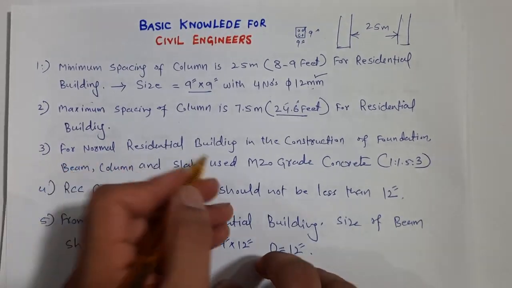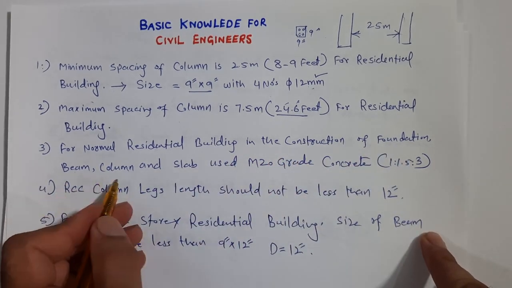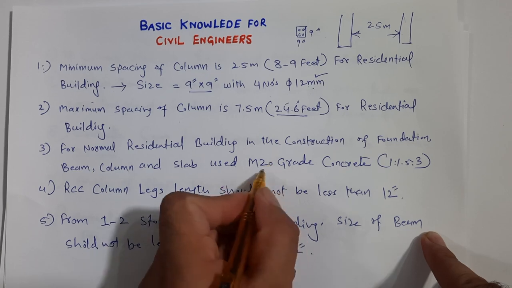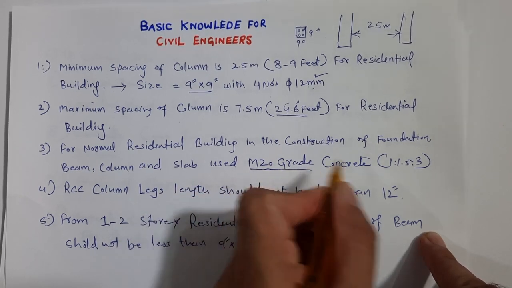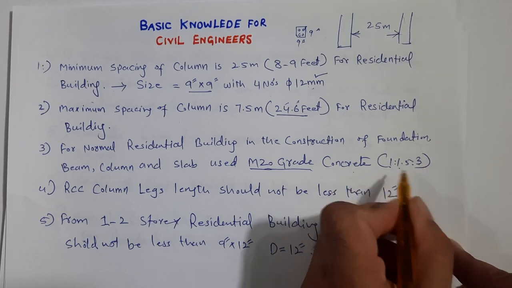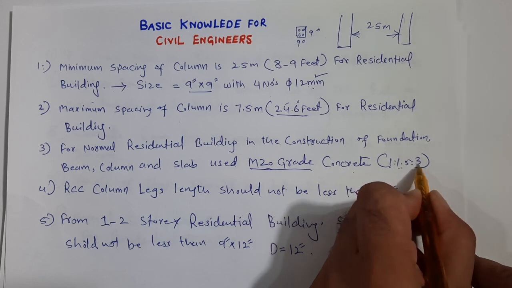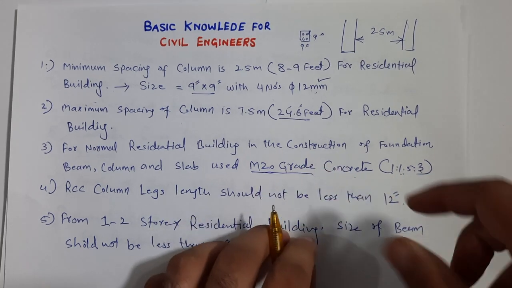Next guys, for a normal residential building, in the construction of foundation, beam, column and slab use M20 grade concrete, which ratio is 1:1.5:3, where 1 part is cement, 1.5 parts are sand and 3 parts are crush or aggregate. So this is very important.